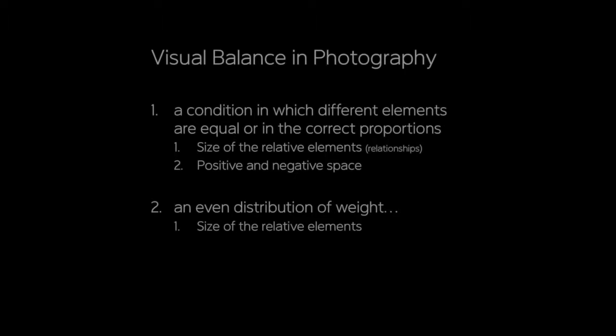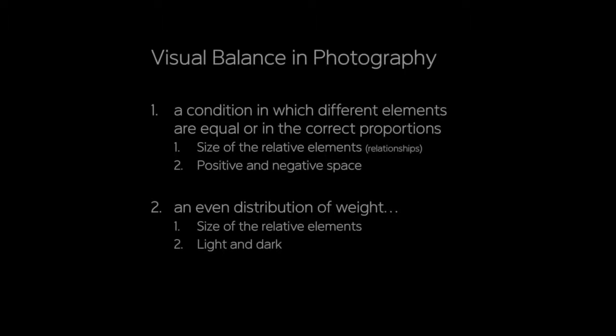So likewise, the size of these relative elements can add to or subtract from the weight of an image. Lights and darks in an image can affect the relative weight in a composition. If you have an image that's predominantly dark, what are some common words that are used to describe that?